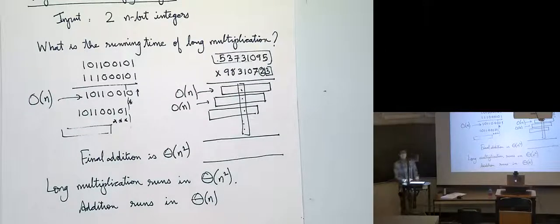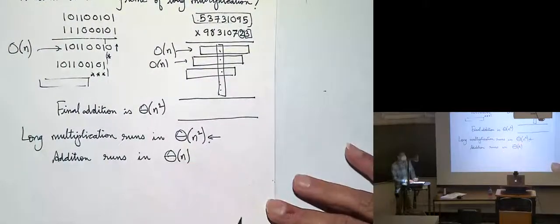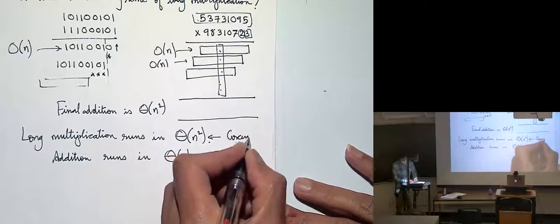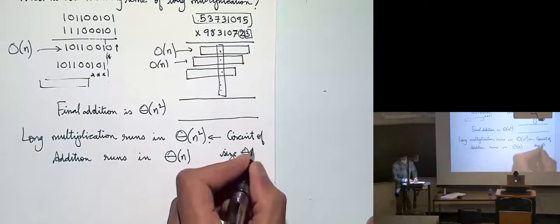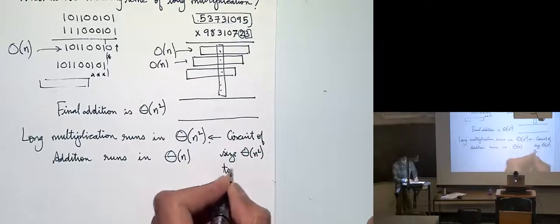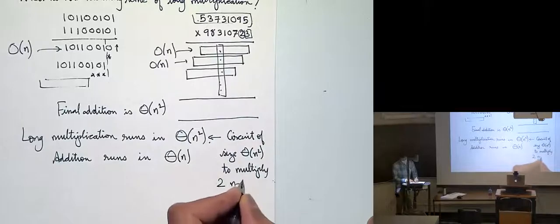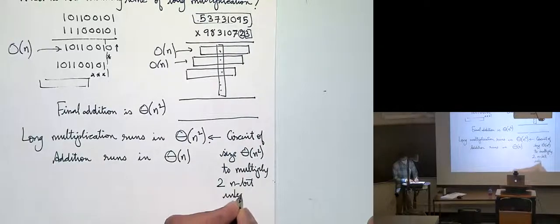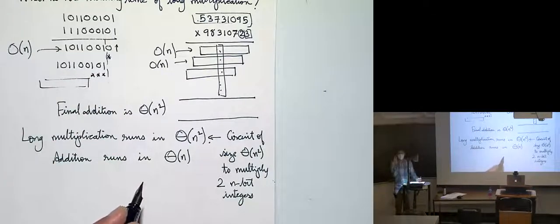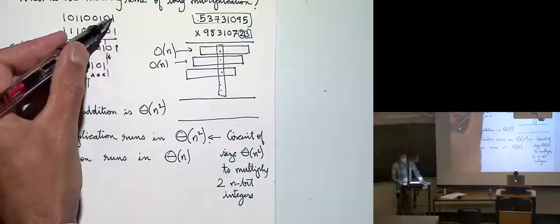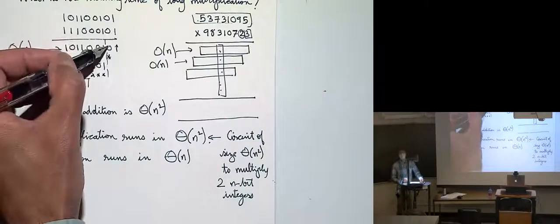So just to put this in another context, if you think about it a bit, this is a circuit of size theta n squared to multiply two n bit integers. You can convert all of these operations into gates, because in this case you're just taking the AND of these 2 bits and writing it there.